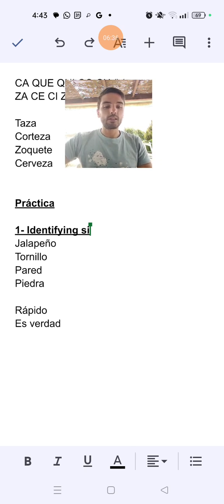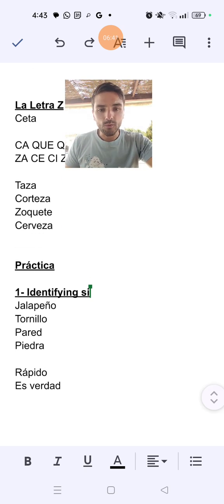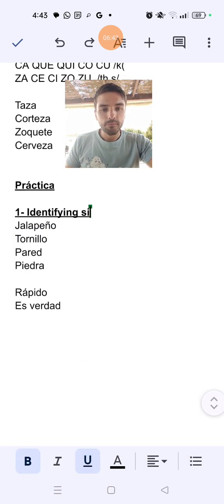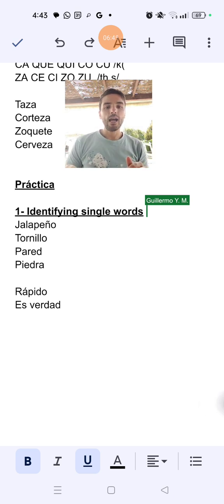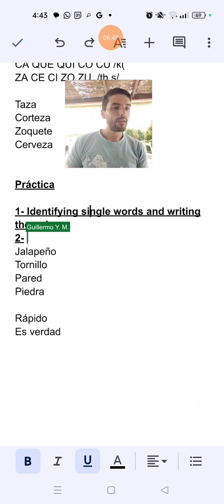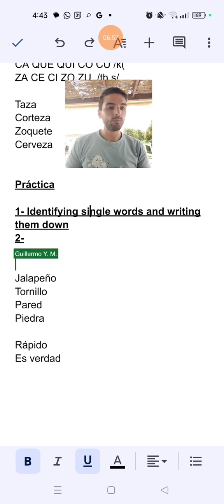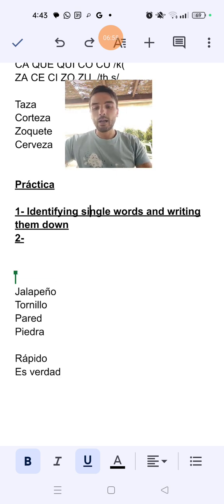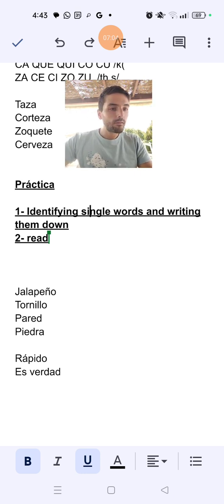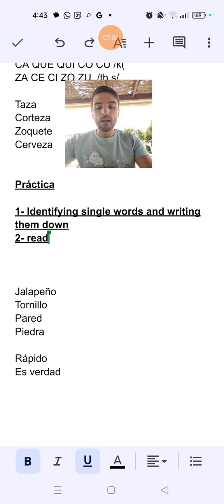And the second exercise I want you to do is reading out loud, repeating after the reader.